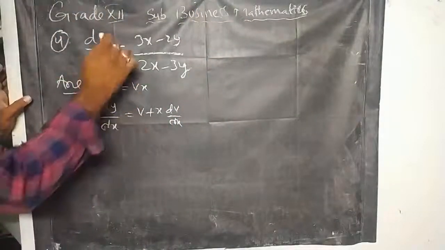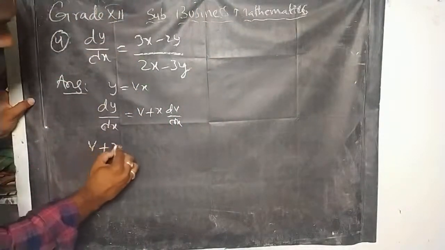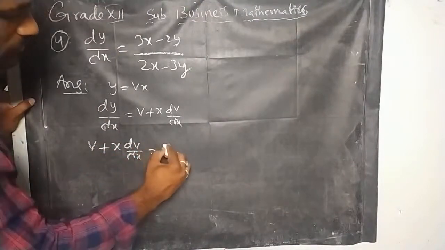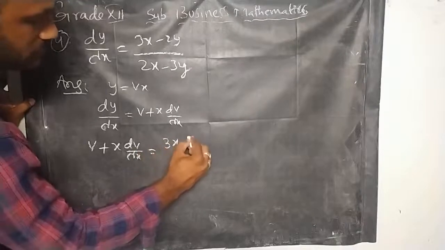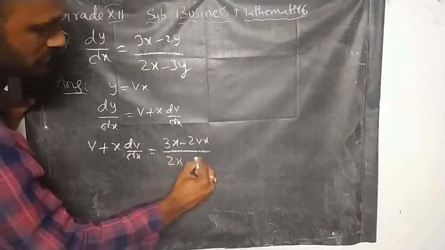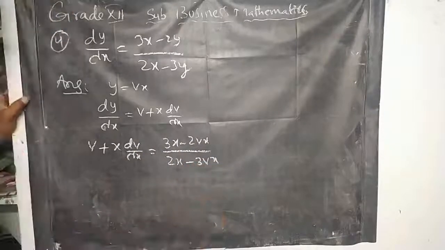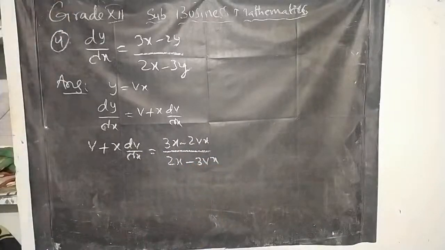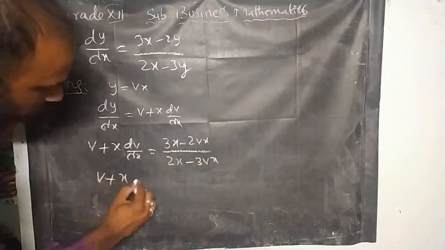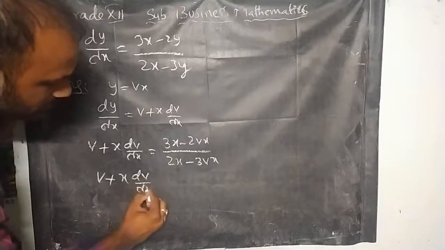So let me substitute this in this. It will become v plus x dv by dx is equals to 3x minus 2vx divided by 2x minus 3vx. So I can take x common.